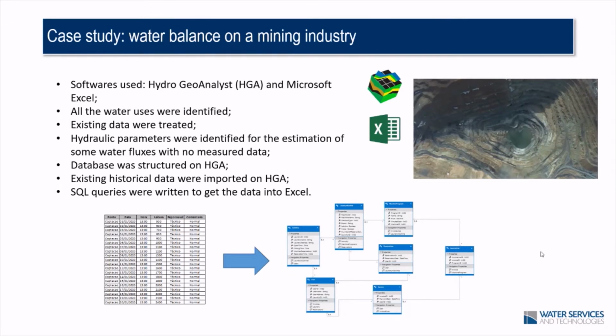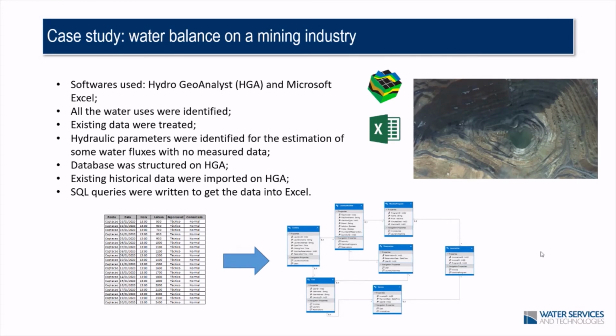In this particular case, we used Microsoft Excel, but we could use Power BI. We used Excel because it was a choice from the client, but we could easily use Power BI too.